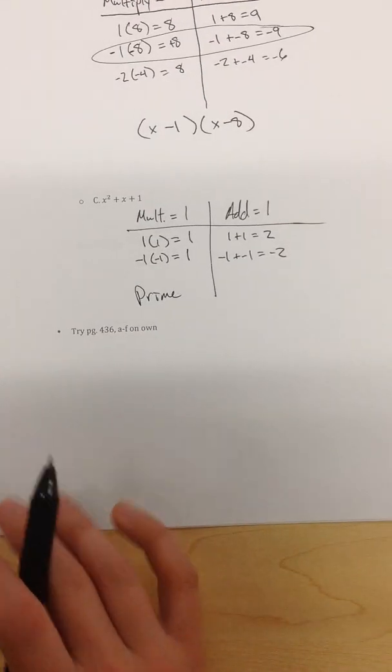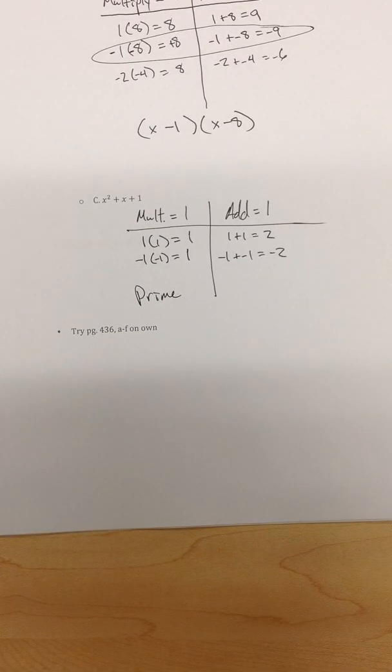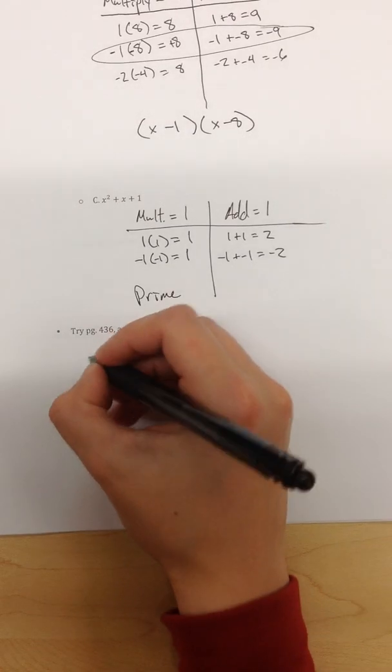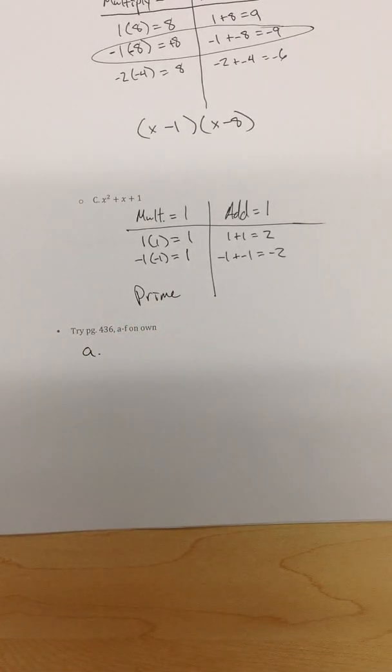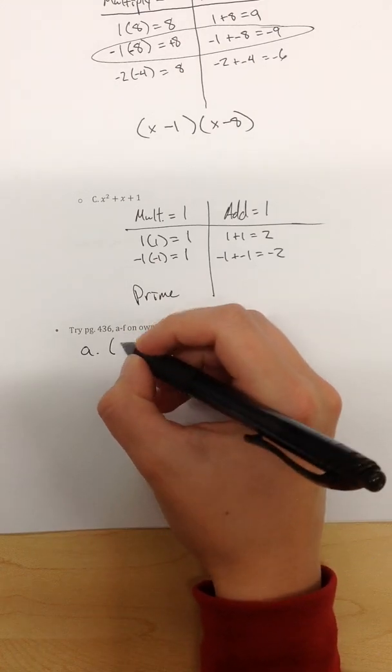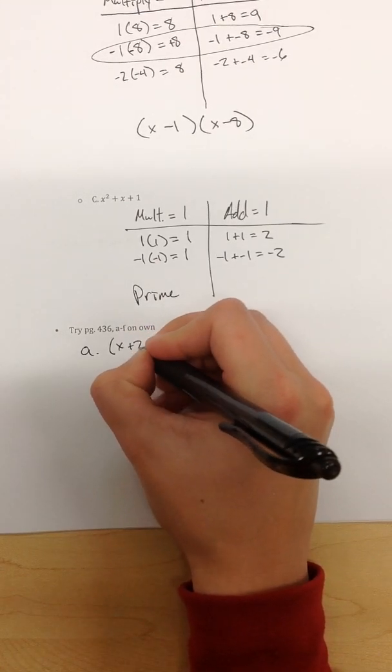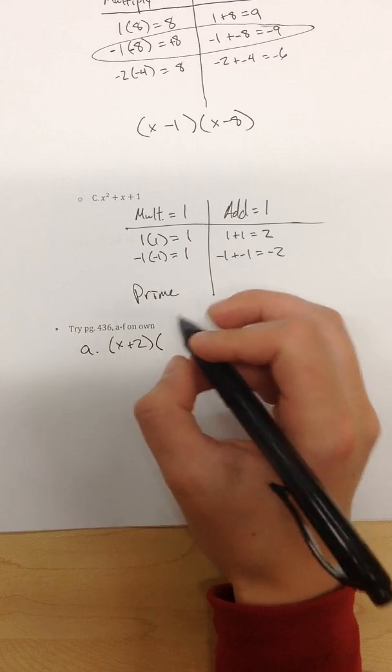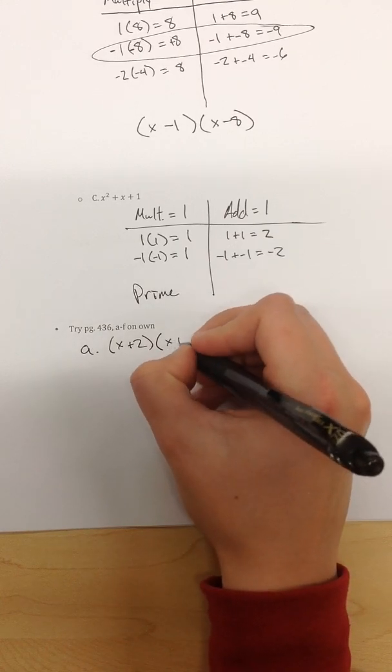Alright, so let's try here on page 436, A through F, and then I'll get you the answers here. So I'm on the wrong page here. Alright, so 436 for A, they got in parentheses x plus 2, and then in the other parentheses group, x plus 1.